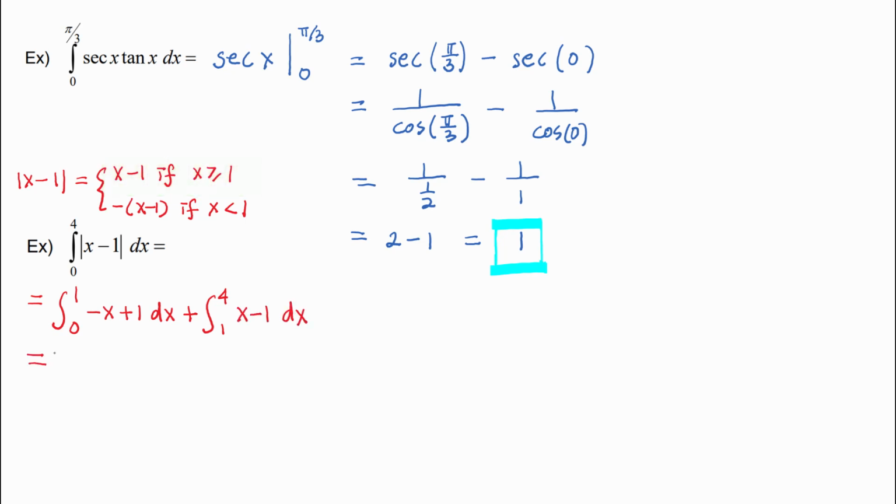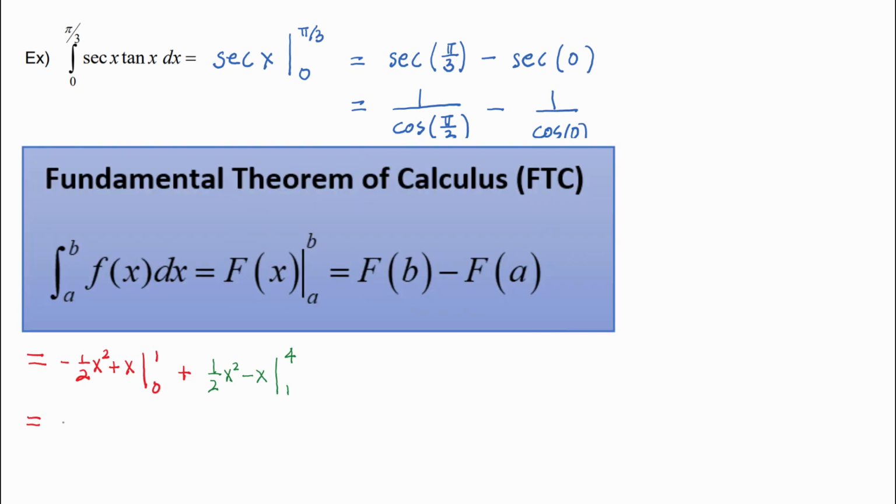Now find the antiderivative of negative x plus 1, which is negative 1/2 x squared plus x, evaluated from 0 to 1, plus the antiderivative of x minus 1, which is 1/2 x squared minus x, evaluated from 1 to 4. Now, you are going to evaluate negative 1/2 x squared plus x at 1, and then subtract.